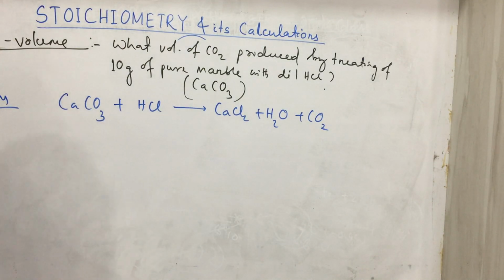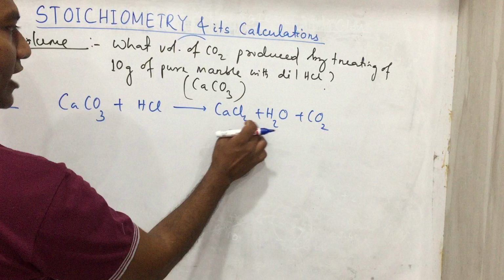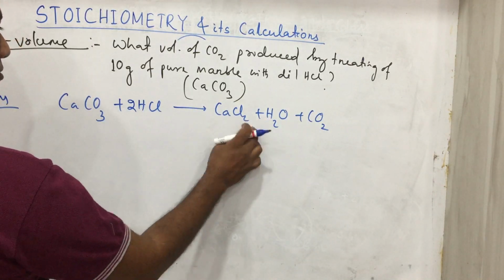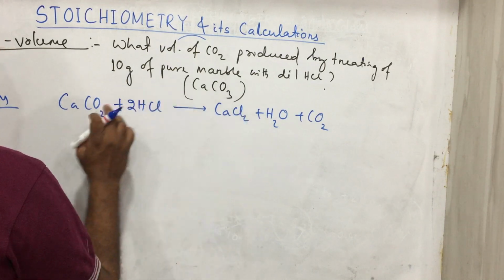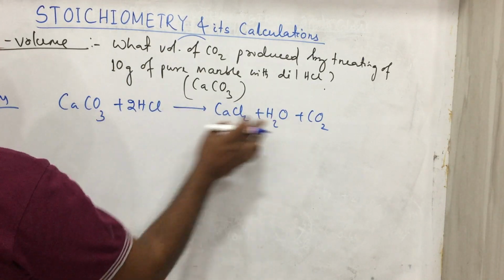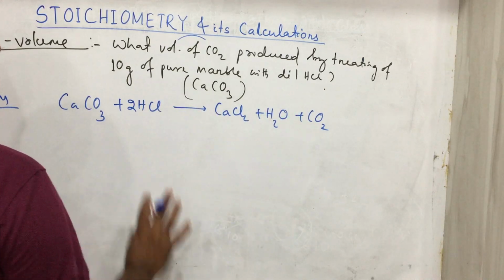Okay, next rule is balance it. So how many hydrogen? 2. So here 2 HCl, 2. So balanced. Yes or no? Hydrogen 2, chlorine 2, carbon 1, oxygen 3, 3.